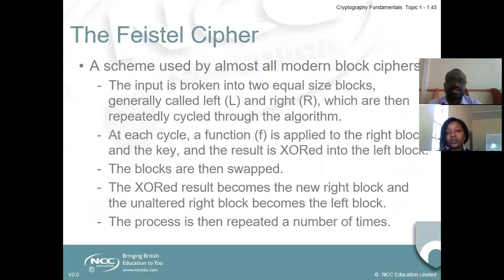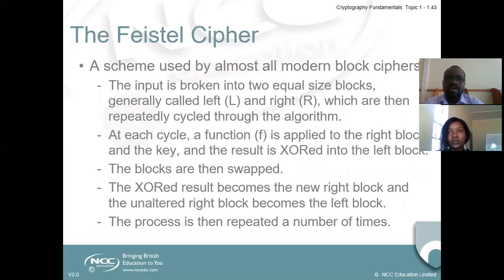Then we have the Feistel cipher, a scheme used by almost all modern block ciphers, today's ciphers. The input is broken into two equal-sized blocks, generally called left and right, which are then repeatedly cycled through the algorithm.